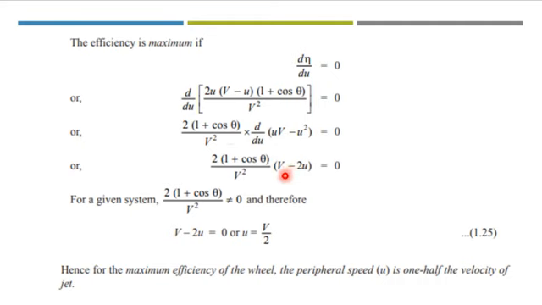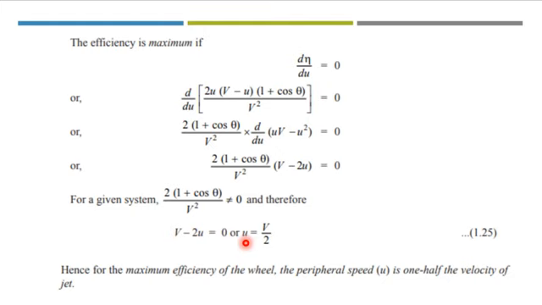Differentiating this efficiency with respect to u and equating to 0, we get the following equation. Since the first component cannot be equal to 0, V minus 2u equals 0, or V equals 2u, or u should be equal to V by 2. Hence, for maximum efficiency of the wheel, the peripheral speed is 1/2 the velocity of the jet.